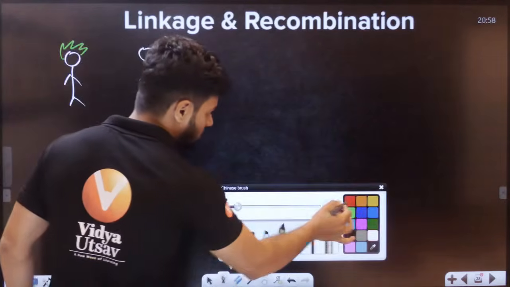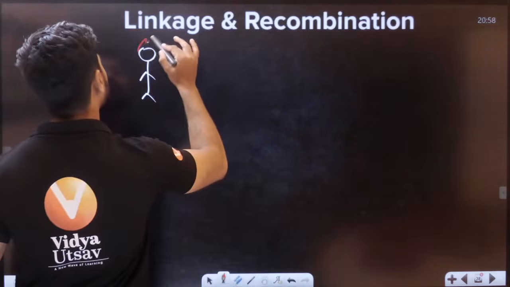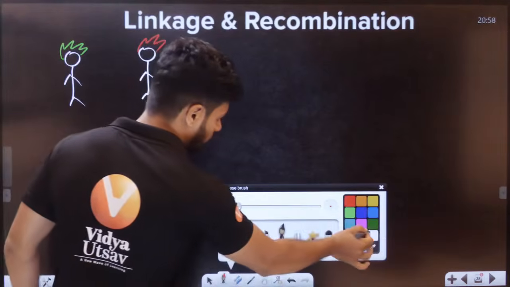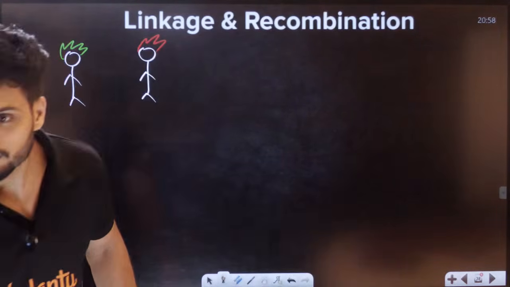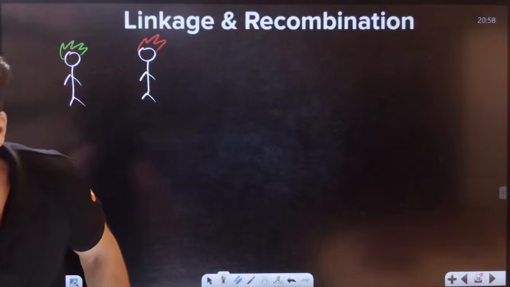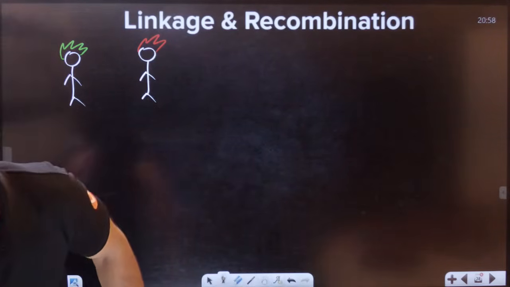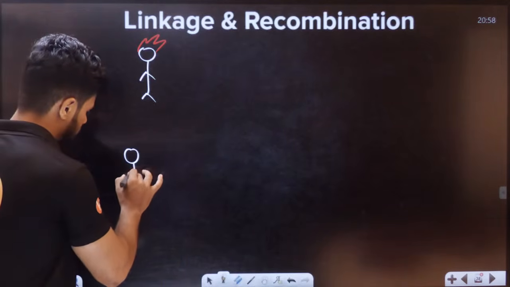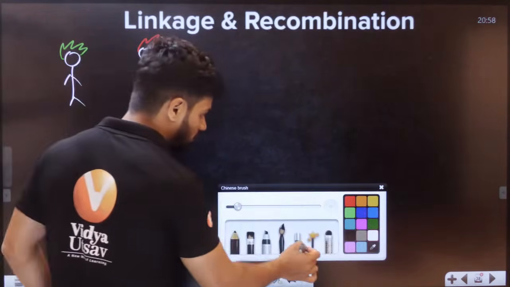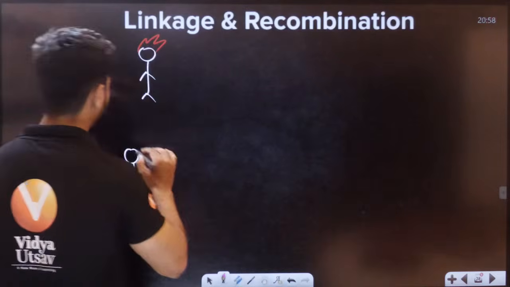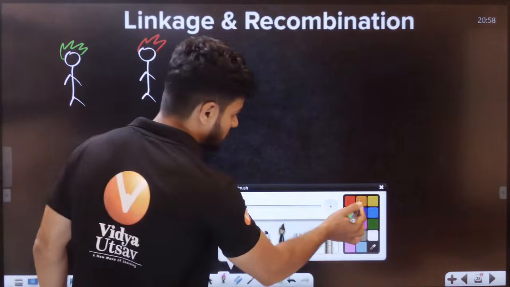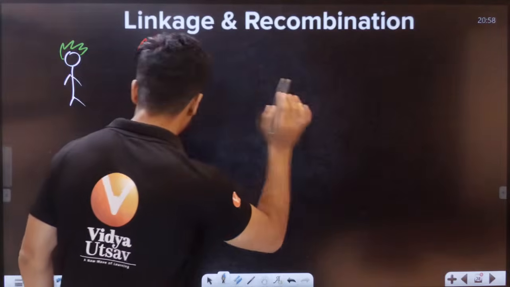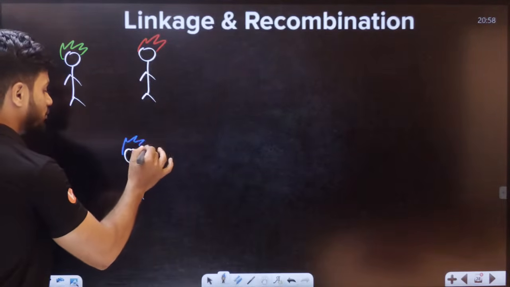This person will give him red color hair. Now we need one more person. We'll take Nandu. Nandu will give pink color hair. Students, pink is a little cheap, so we'll give blue color hair.